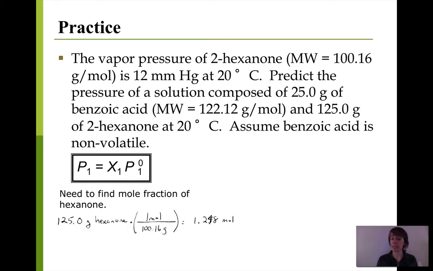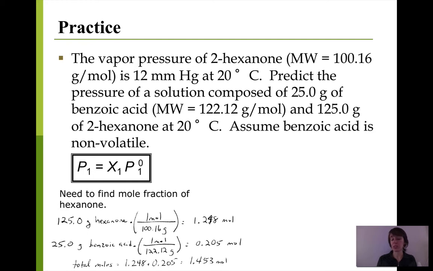That means we need to calculate the number of moles of both compounds. For the hexanone, we've got 125 grams. Its molar mass is 100.16, so that gives us 1.248 moles. For the benzoic acid, same process, divide by molar mass, and we have about 0.2 moles.